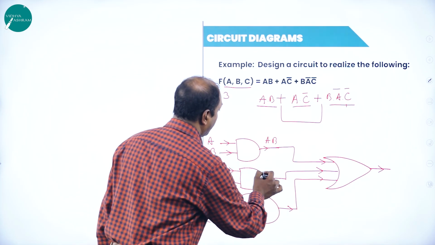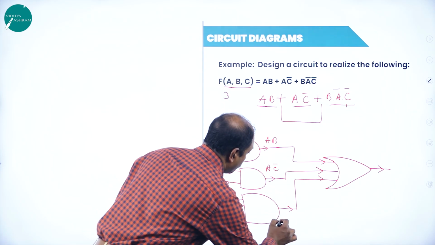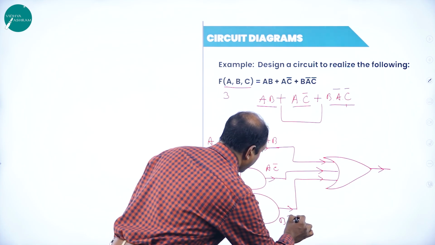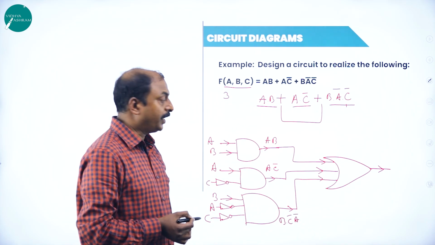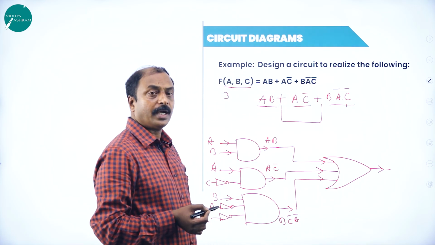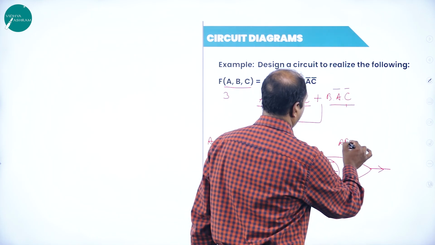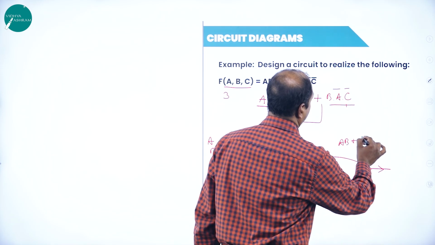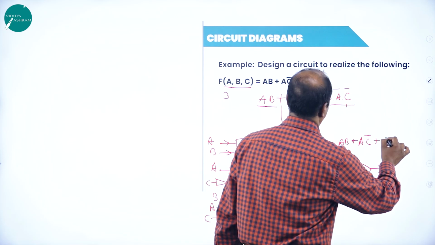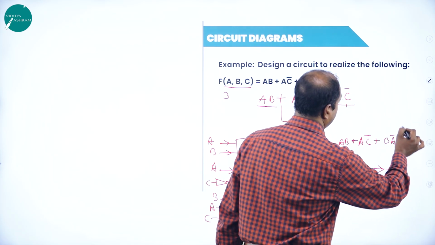Now at every stage we are supposed to write the output, and here the output will be B dot C naught and A naught. So the final output would be the same given expression or function, that is A B plus A C naught plus B A naught and C naught.